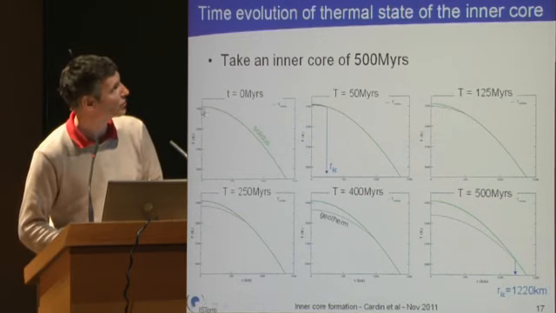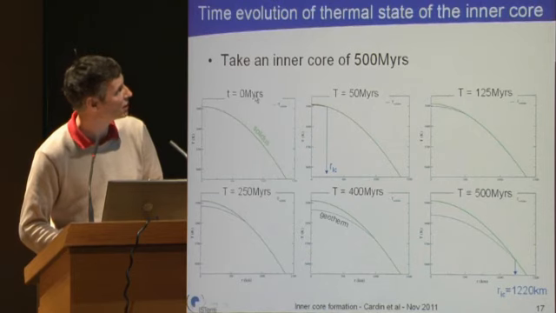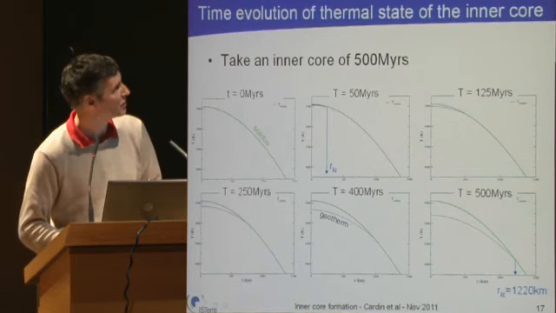So at the birth of the inner core, which is 0 in my time, the first, oh yes, that's already a problem, but the inner core forms at the center of the Earth from the solidus. The solidus is this line. So here you have the radius on the x-axis and the temperature on the y-axis.